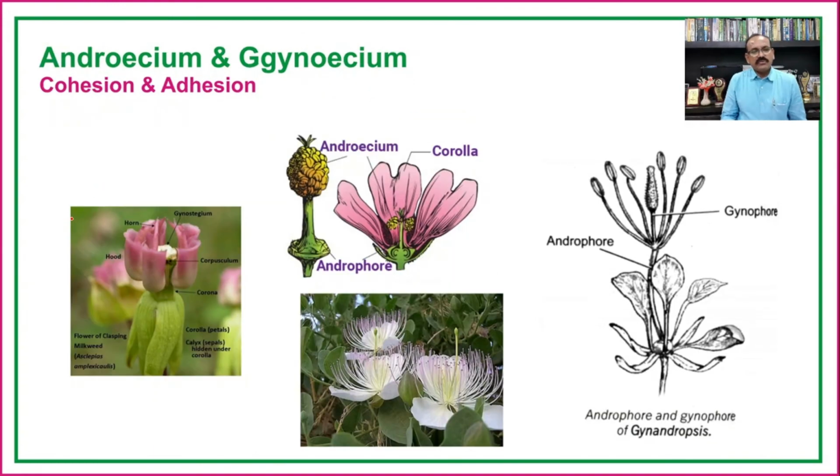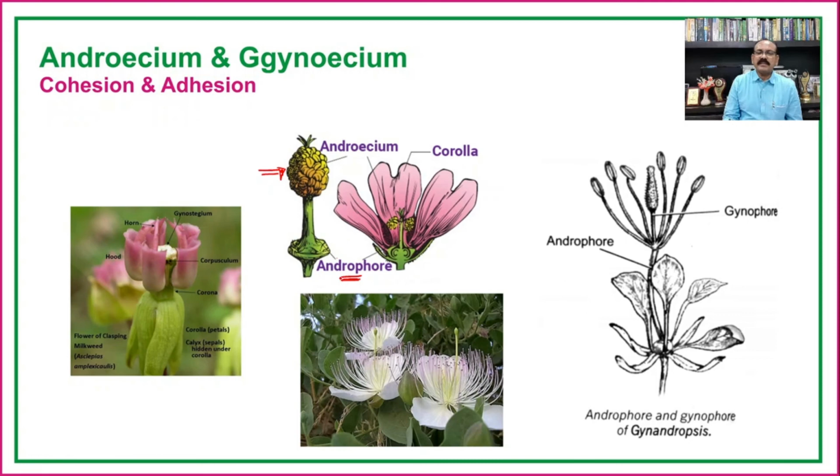Then in addition to this cohesion and adhesion in the gynoecium, there are some different structures in the flowers. Here the stamens are raised some distance from the thalamus, and because of that the androecium or the stamens are raised to a certain distance, and that is known as androphore.